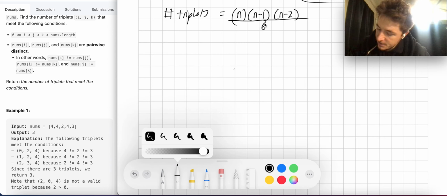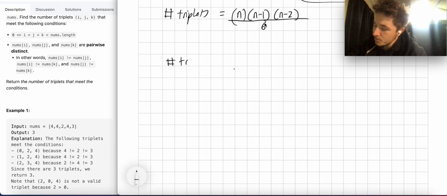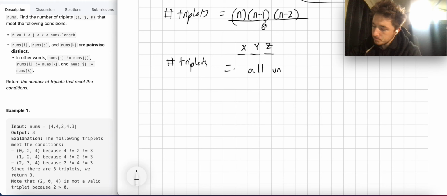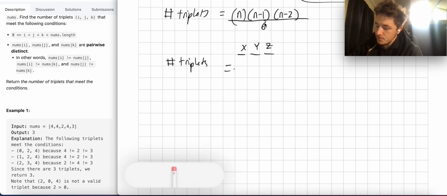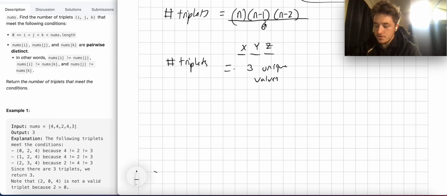Another way of saying this is that the number of triplets has 3 slots, so either they're all unique, X, Y, and Z, all pairwise unique, which is another way of saying there are 3 unique values. Then there are cases where there are only 2 unique values, x, x, y.